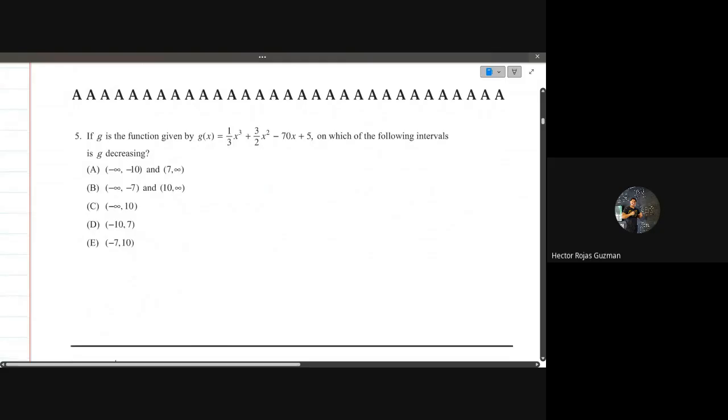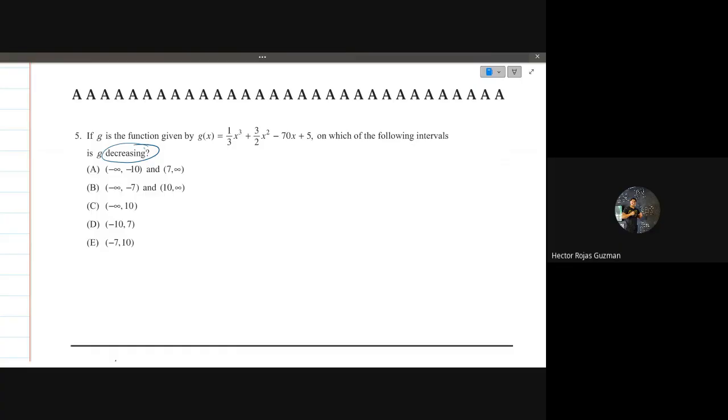If g is the following function given by g of x, on which of the following intervals is g decreasing? Okay, that means I'm going to want to find my derivative, find my critical points, and then do my number line. So my derivative here is x squared plus 3x minus 70, set it equal to 0.